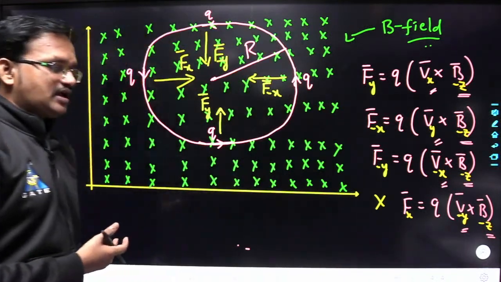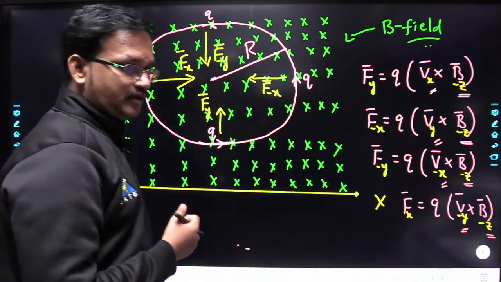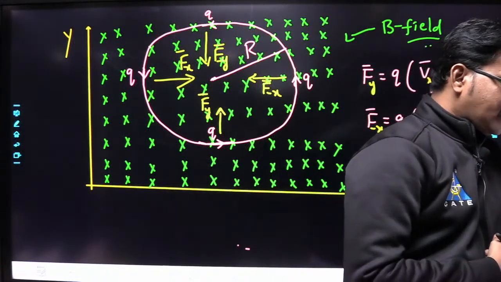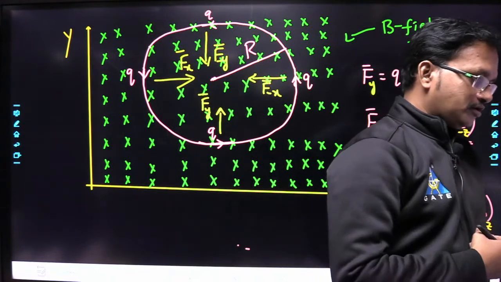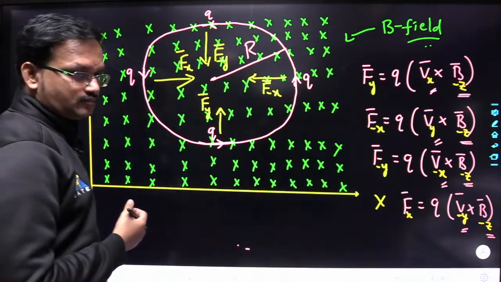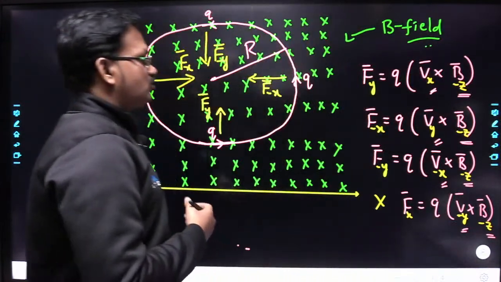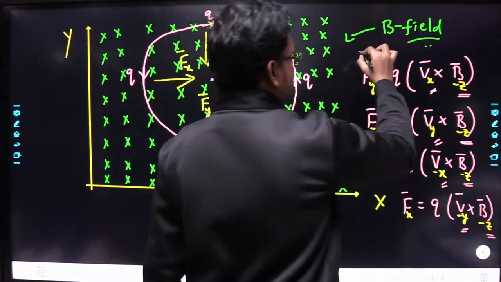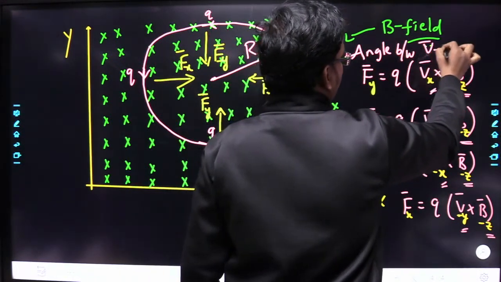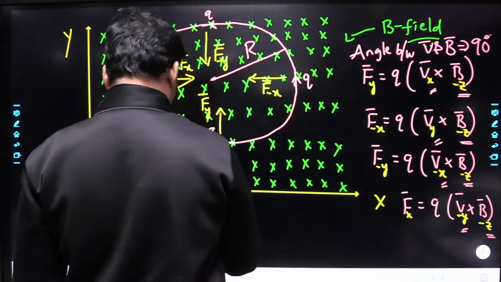Rahul Thakur, Paras Moon, Alok Kumar. 90 degrees. Yes. So the angle between V bar and B bar is 90 degrees.